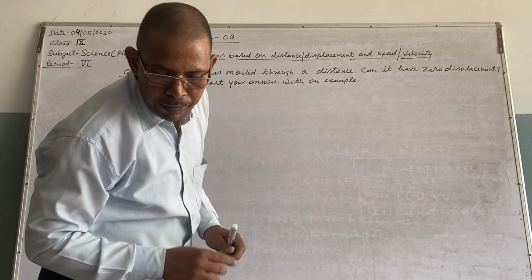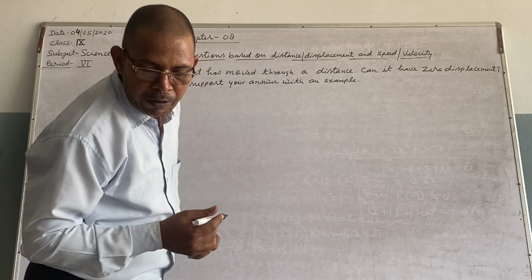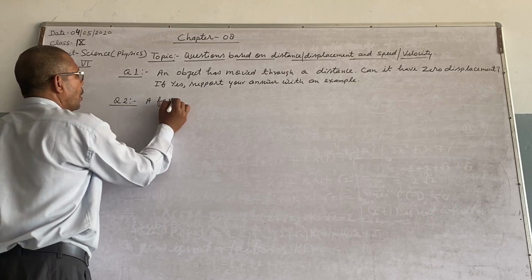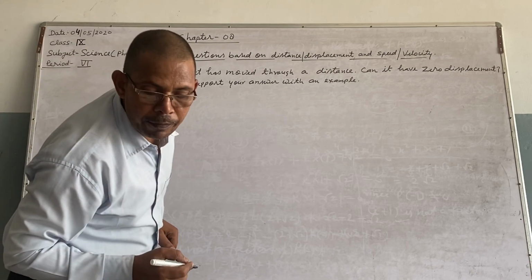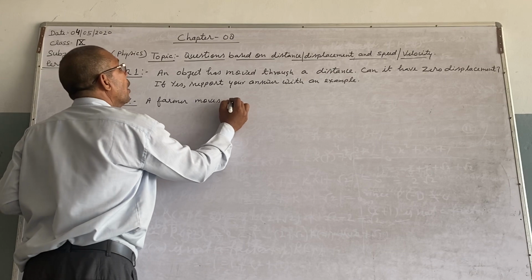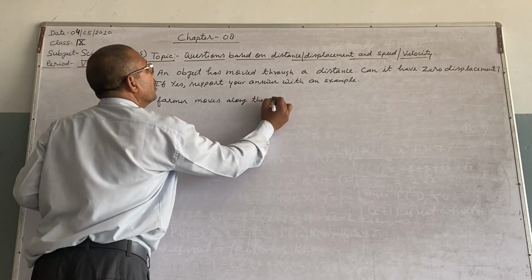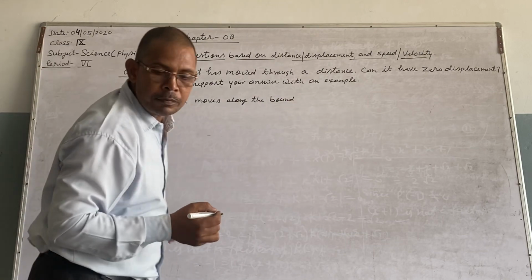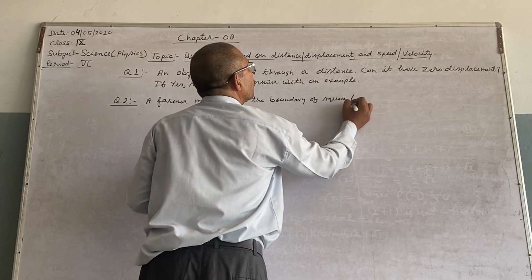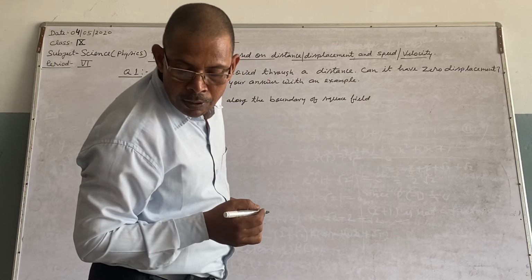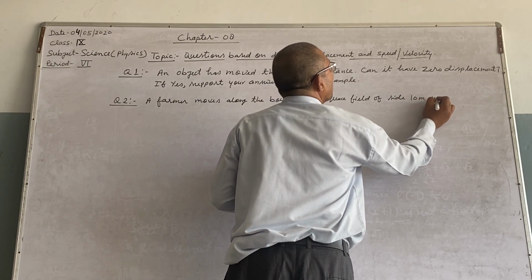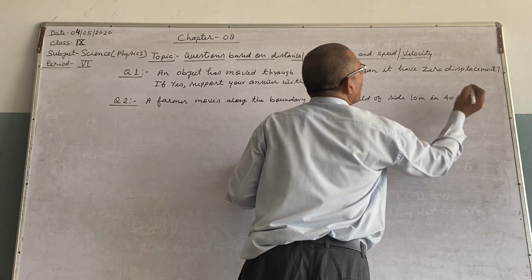Note the second question. A farmer moves along the boundary of a square field of side 10 meter in 40 seconds.